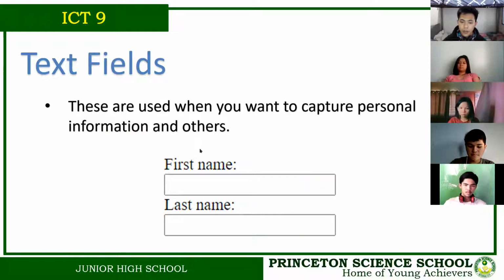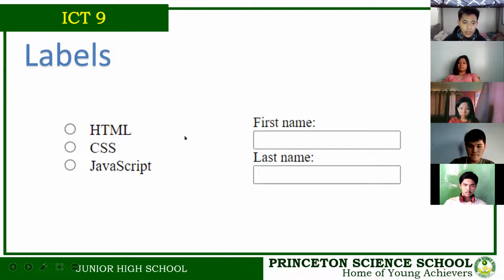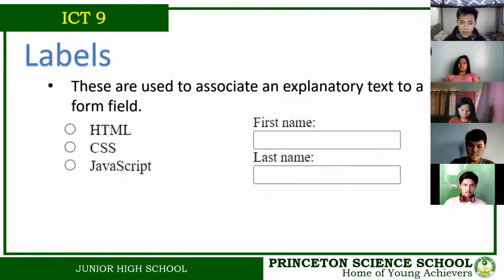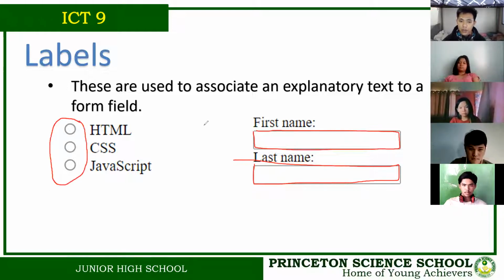And the second part is the labels. Labels are used to associate an explanatory text to a form field. Let's say we have our text fields or input fields here. We have the text boxes, and in this case, a radio button.